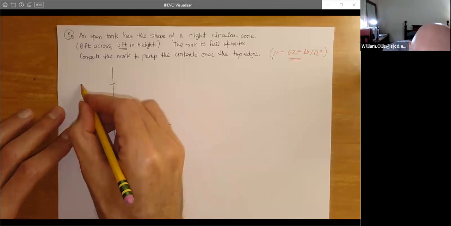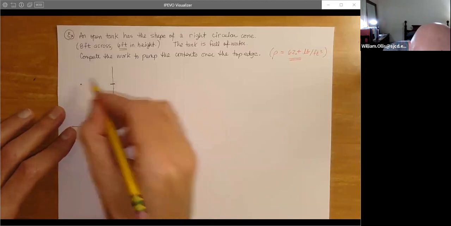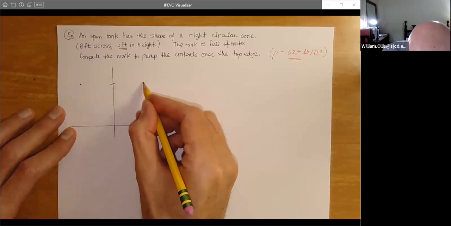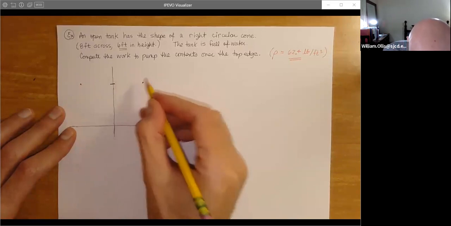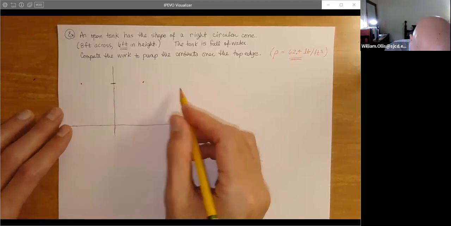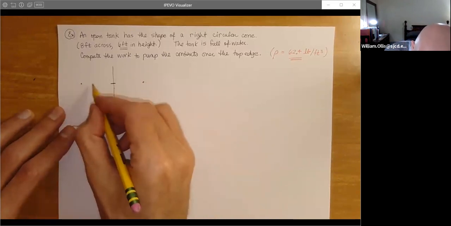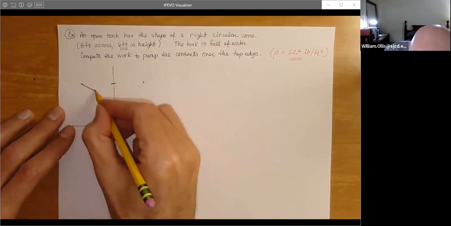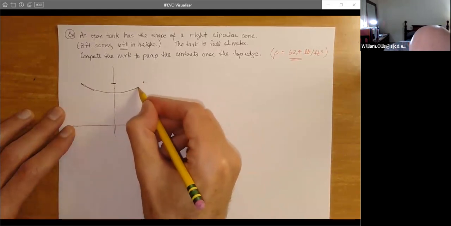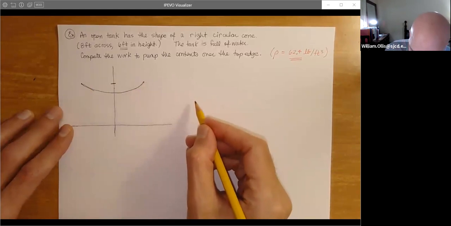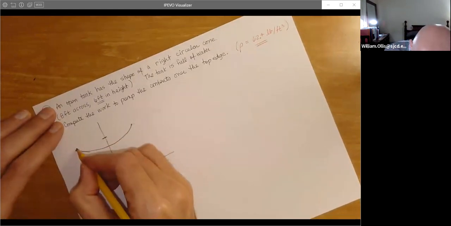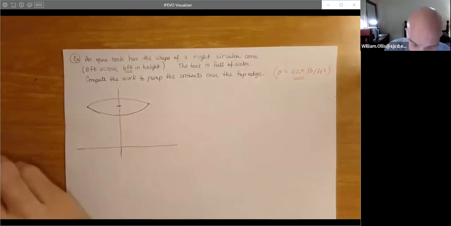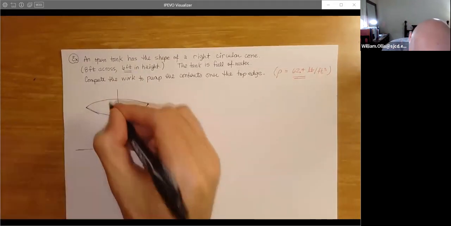And we want to just draw a nice cross section that we can finesse to make look 3D like we always do. So the idea here is we draw our tank, the right circular cone. And of course, we have a 6 here.